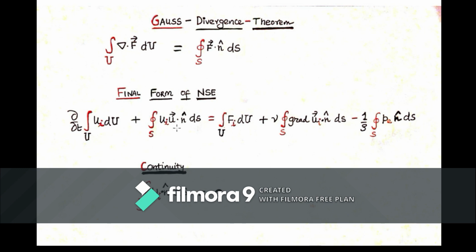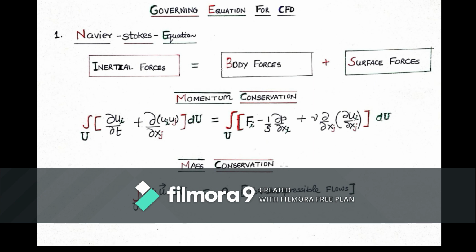For the convection term, the diffusion term, and the pressure term, for these three terms we are moving from volume to surface. The rest stay as volume integrals: the body forces and the temporal acceleration. Now I will go to the mass conservation equation.